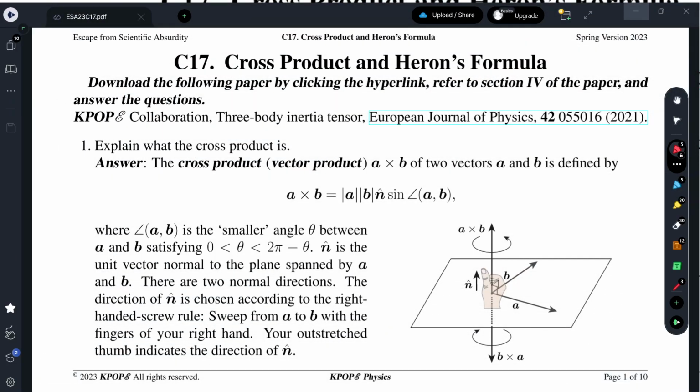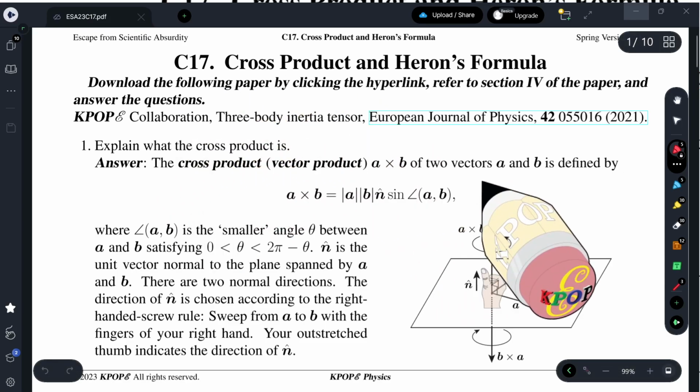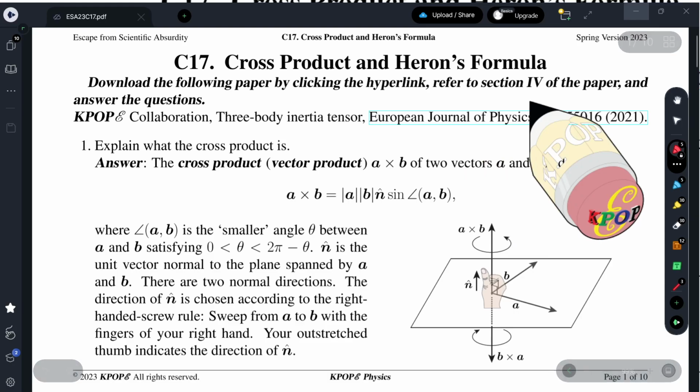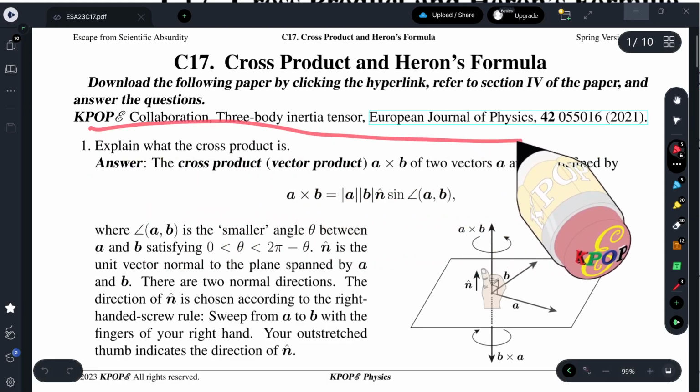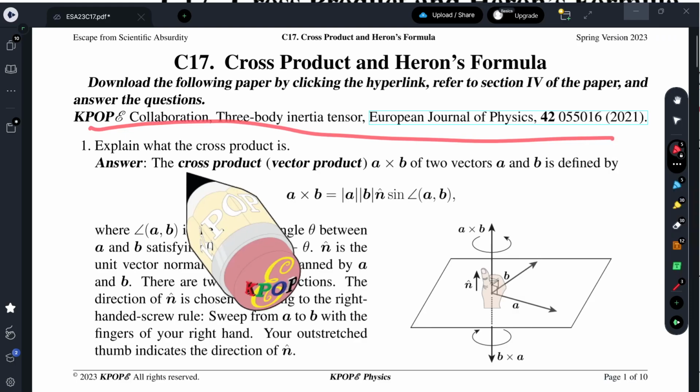Let's begin with cross product and Heron's formula. The paper we just downloaded is this paper. We first consider what the cross product is.